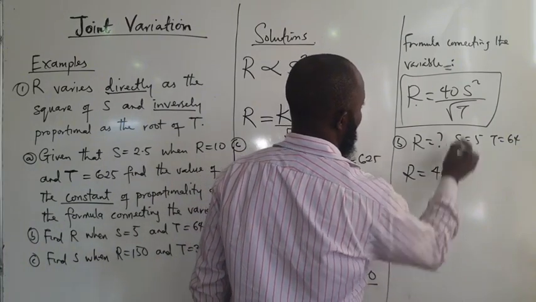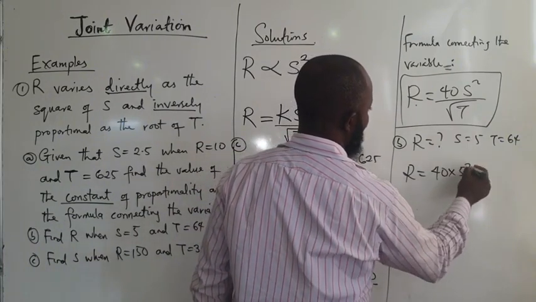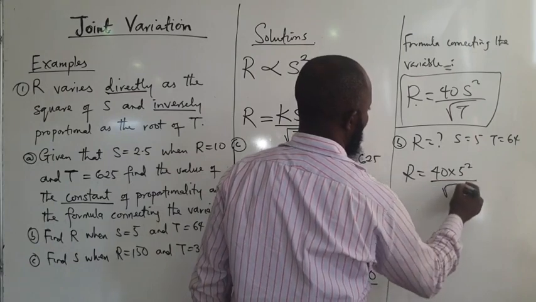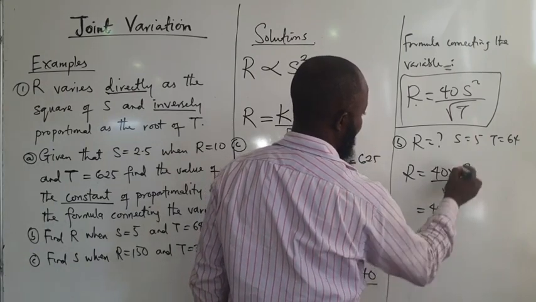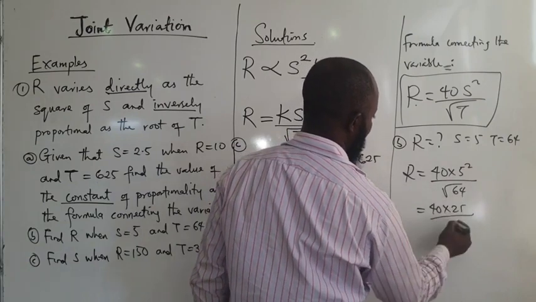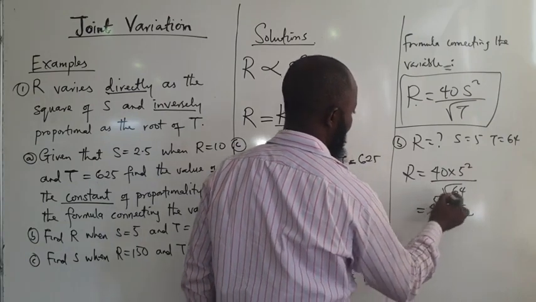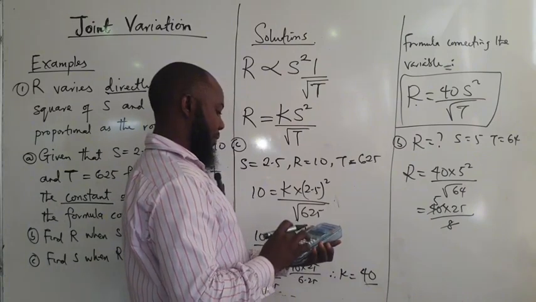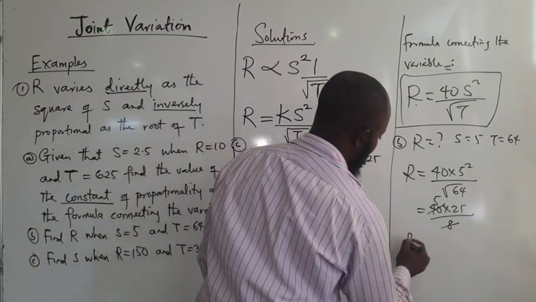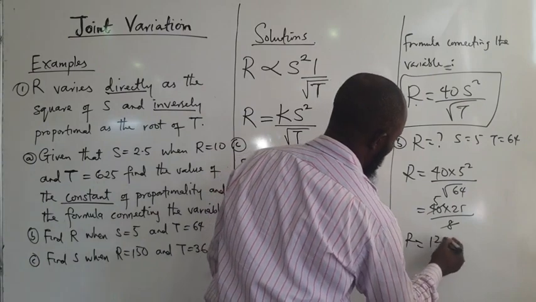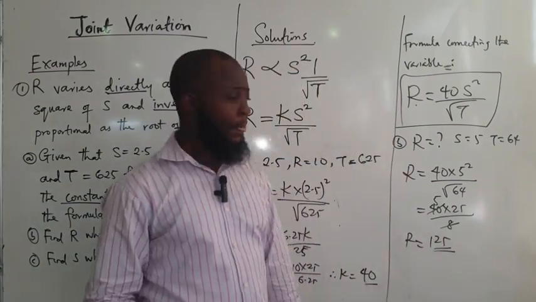R equals 40 times S, that is 5 squared, divided by square root of 64. So 40 times 25 divided by 8. 8 here goes 5 times into 40, so 5 times 25 gives us R equals 125. I hope this is very clear.